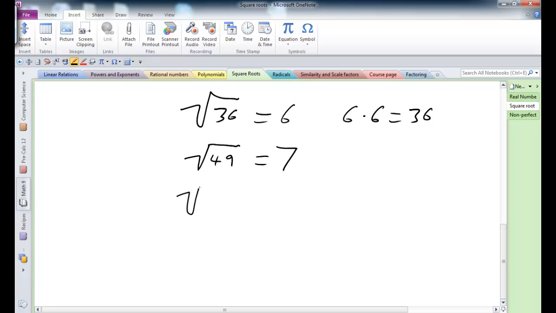Let's do the square root of 169. You know that one? Square root of 169 is 13. Let's do the square root of x squared. And of course the square root of x squared would be x.